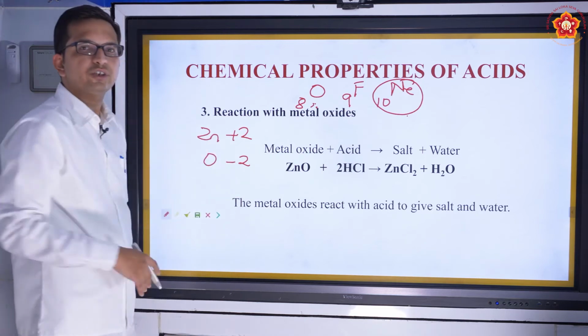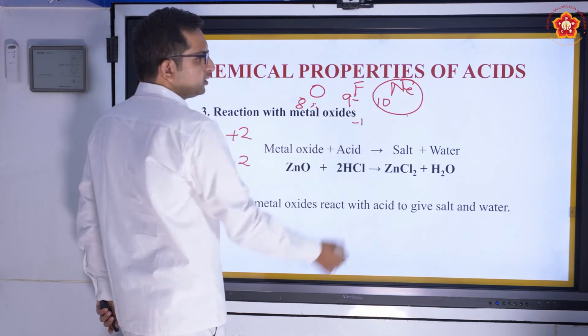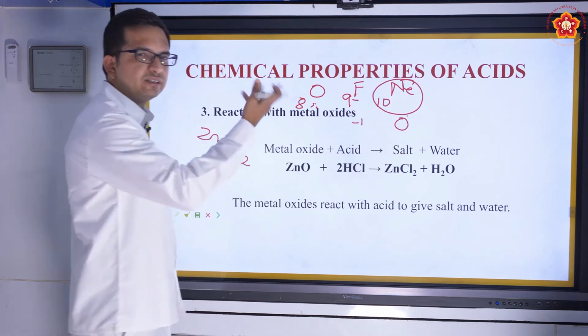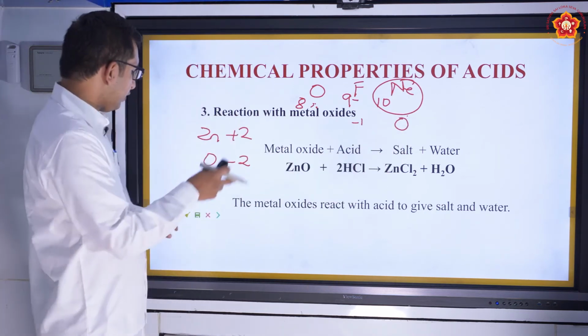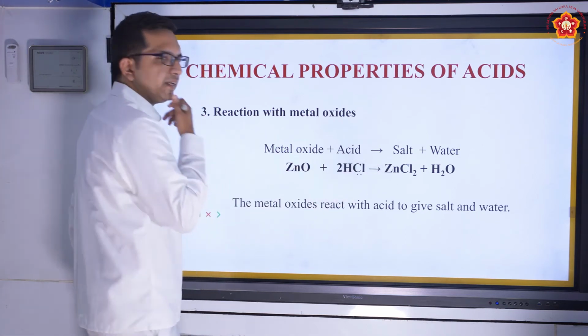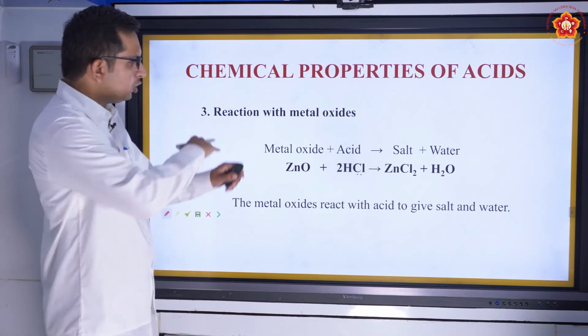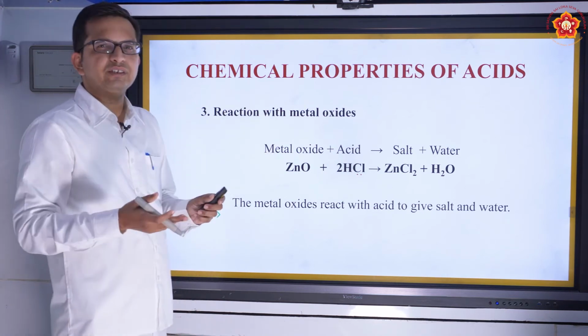Therefore, the charge on oxygen will be 2-. For fluorine, it will be 1-. For neon, it will be 0 because that itself is in stable form. So zinc has a +2 charge, Cl has a -1 charge, and therefore that compound has been formed. So this is how various types of reactions can be formed.